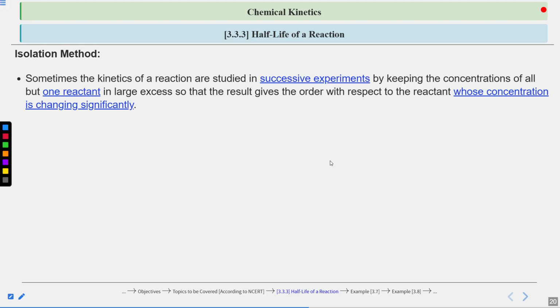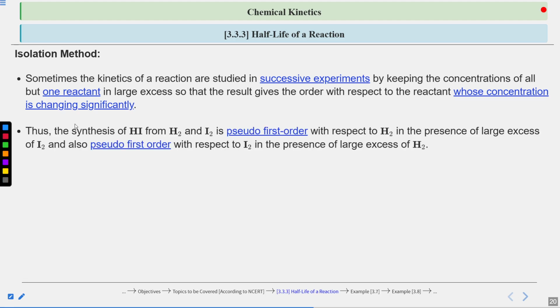If any reactant is changing its concentration significantly, that means the rate is going to be determined by that reactant. So the order will be determined with respect to that reactant concentration, which is going to change significantly over the successive experiments.